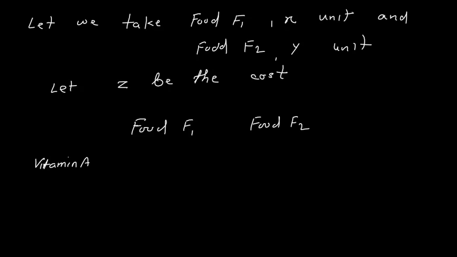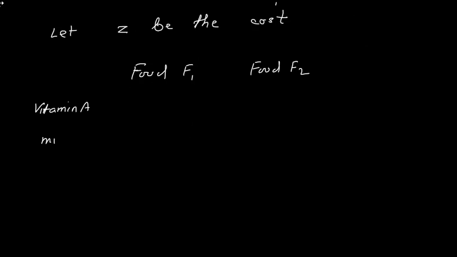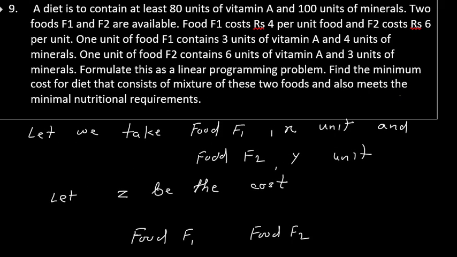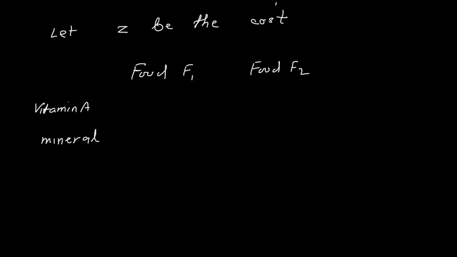Now vitamin A for food 1, cost rupees 4. Cost is also there, cost 4 and 6. So here we have cost. So let us first write cost rupees 4 and rupees 6.